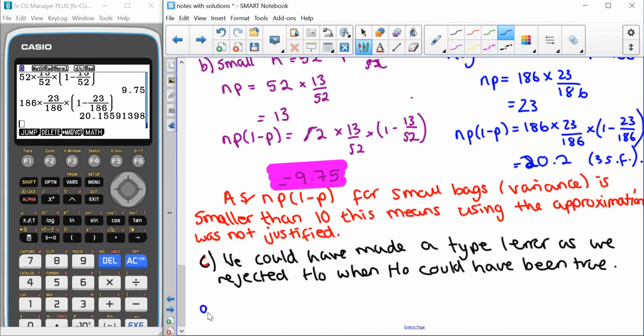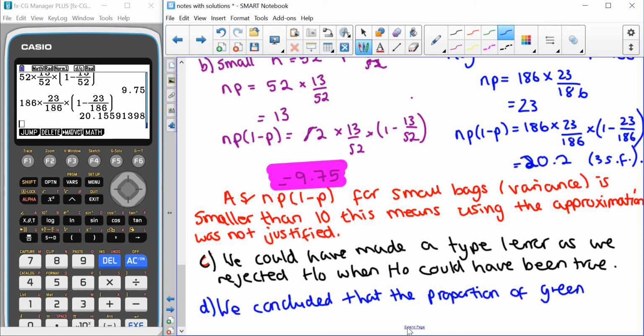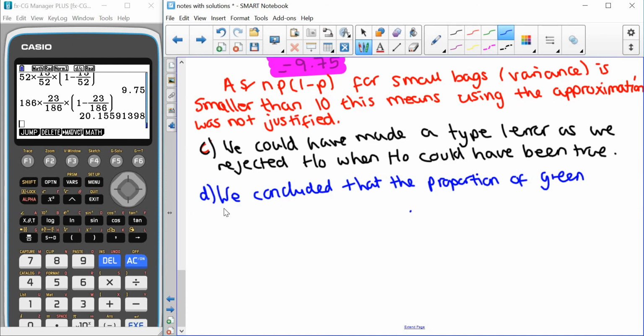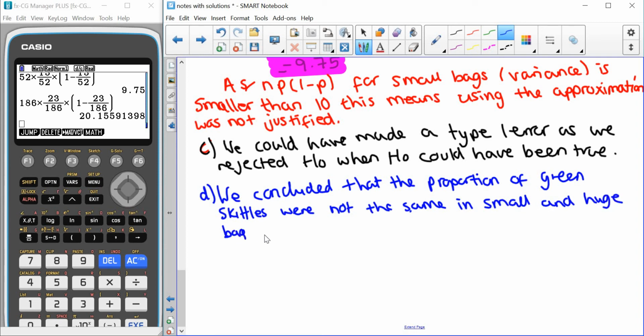So for part D, what this actually means is that we concluded that the proportion of green Skittles were not the same in small and huge bags. So that's what we concluded from our test, but we're saying we made an error.